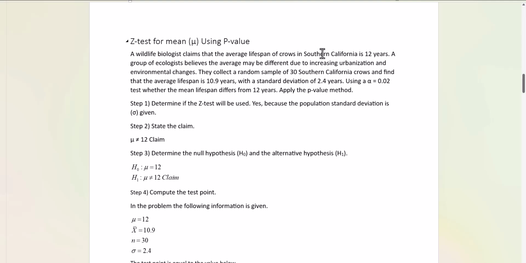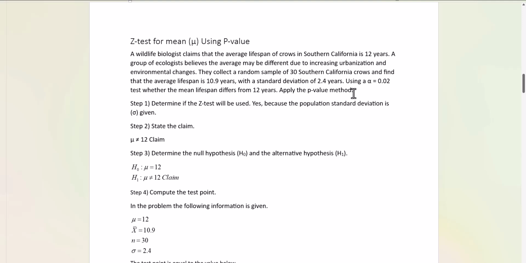They collect a sample of 30 Southern California crows and find that the average lifespan is 10.9 years, with a standard deviation of 2.4 years. Using alpha equal to 0.02, test whether the mean lifespan differs from 12 years.